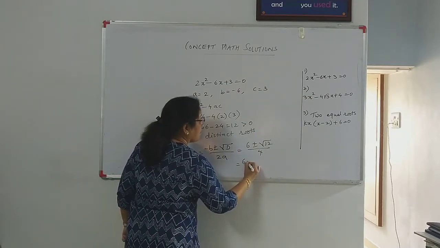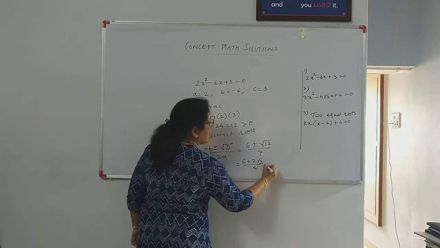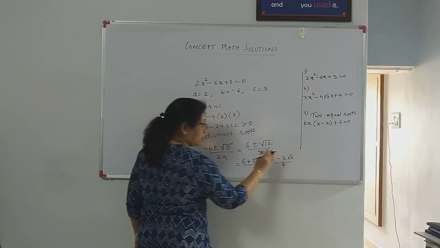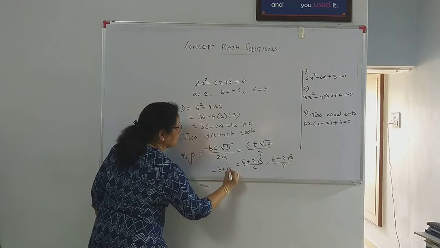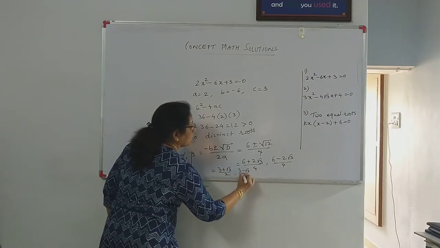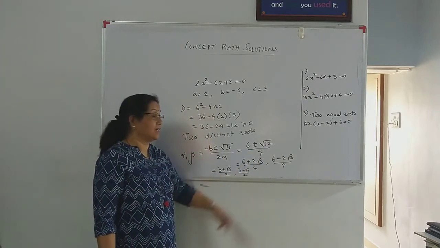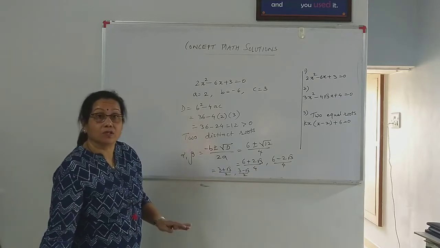So 6 plus root 12, which is 2 root 3, by 4, and 6 minus 2 root 3 by 4. You can take 2 common from the numerator and cancel it with the denominator, so this becomes 3 plus root 3 by 2 and 3 minus root 3 by 2. That is, it has two distinct real roots.